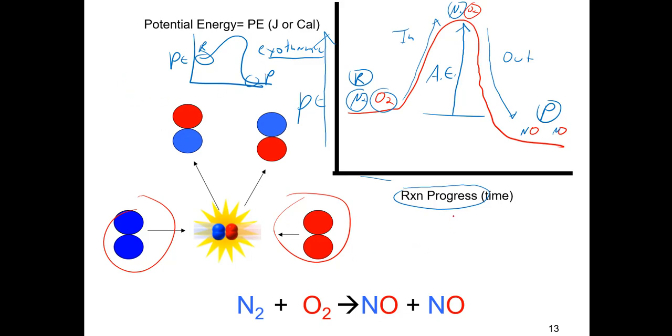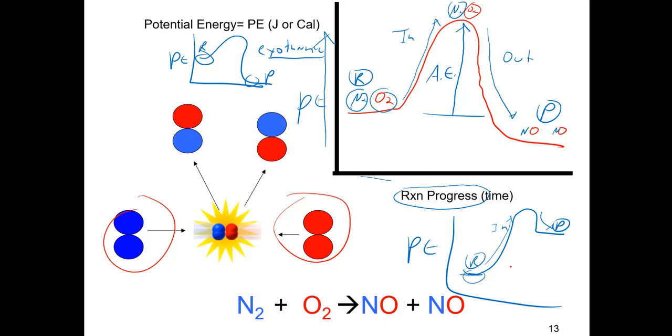On the other hand, I could have, writing in the right-hand corner, a potential energy diagram that looks like this. In this one, there's a lot more energy going into the reaction than there is coming out.